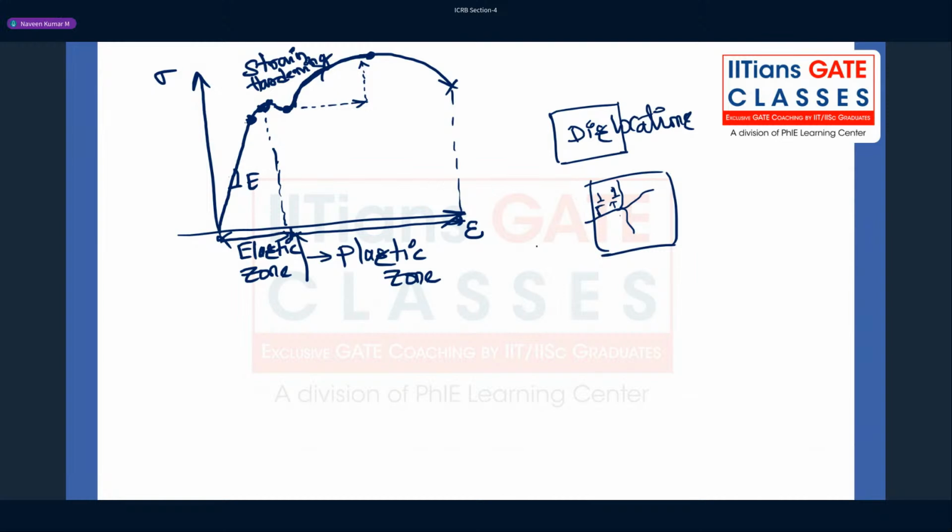As you are trying to load it by compression or tension, whatever it is, the dislocation density will be moving towards the grain boundary. When this entangling of the grain boundary with these dislocations happens, that will make the material very strong, and that will oppose this movement, and that opposition is shown as the increase in stress here.